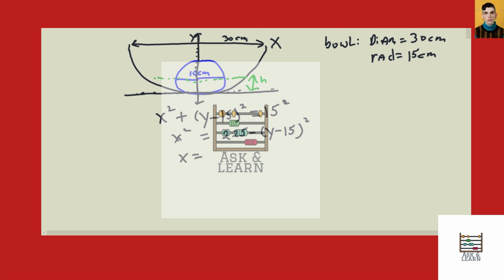And so then x is the square root of 225 minus (y minus 15) squared. This is valid for 0 less than or equal to y less than or equal to 15. We can't have a height greater than 15 centimeters because our bowl is only 15 centimeters.